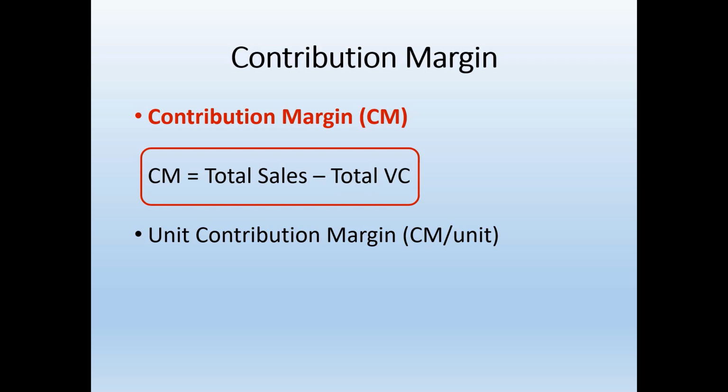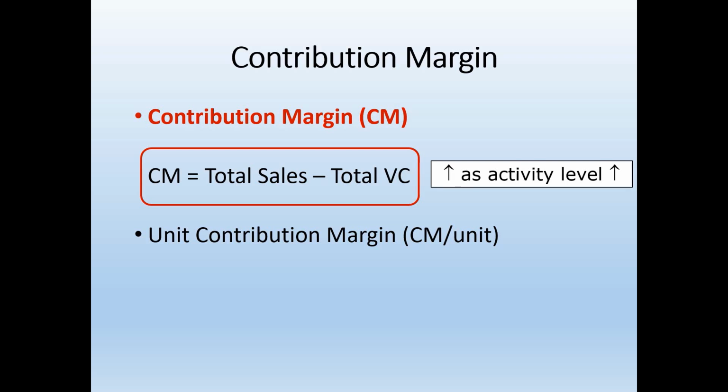In other words, each unit that's sold has to be able to cover its own variable costs. Whatever is left over is the contribution margin from that unit. So the total contribution margin is all of the contribution margins that are contributed by all of the units that are sold.